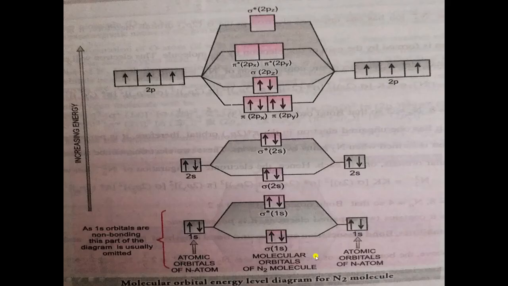After sigma star 1s comes sigma 2s2, sigma star 2s2, pi 2px2, pi 2py2. The energy of these two orbitals is the same. After that, this orbital, sigma 2pz squared.